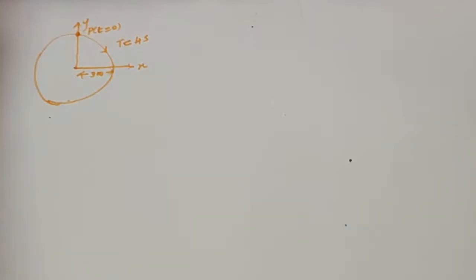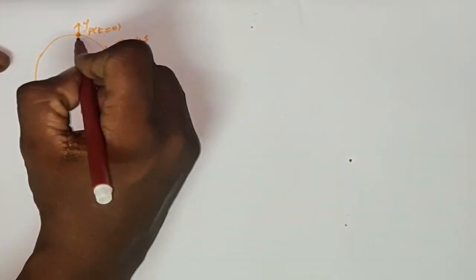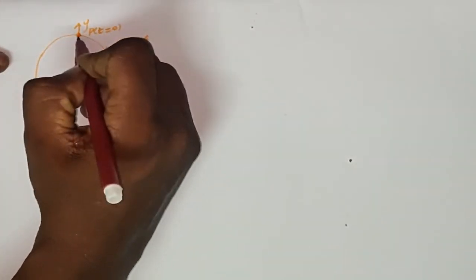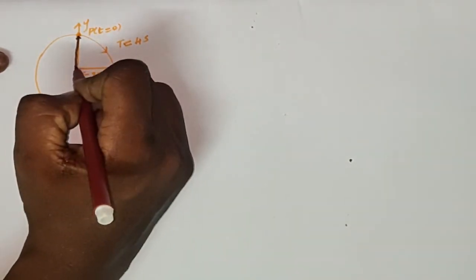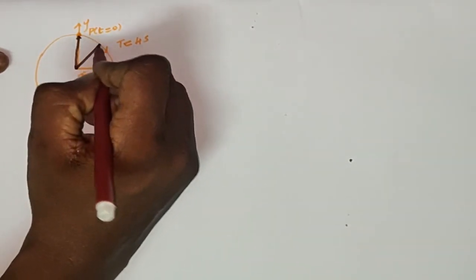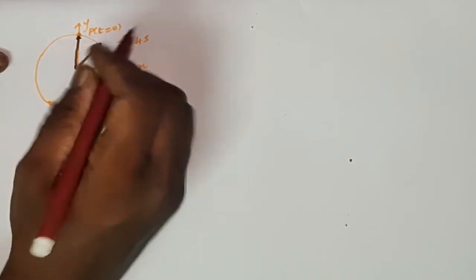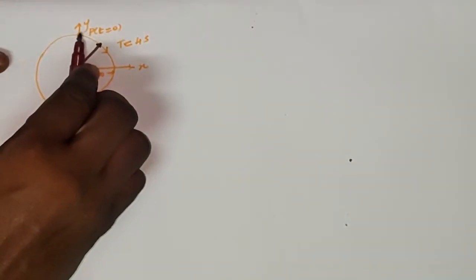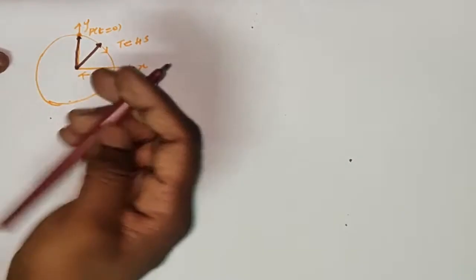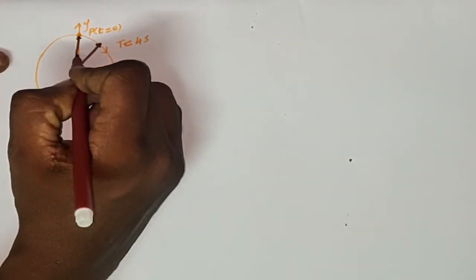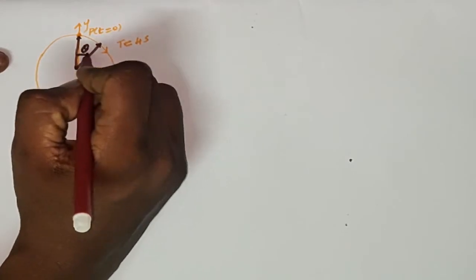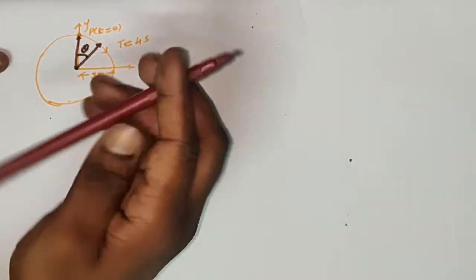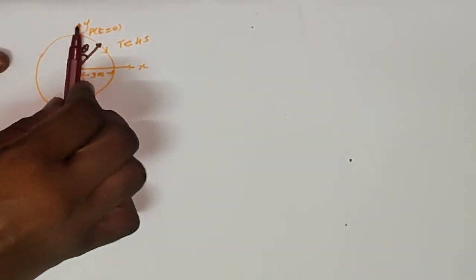Suppose this is a radius vector, its length is 3 meter. It is rotating in the clockwise direction. So if this is the starting point and it is rotating like this, you have to take the angle from the y-axis. That is the angle of rotation of the vector, so you have to take the angle variation from the y-axis.